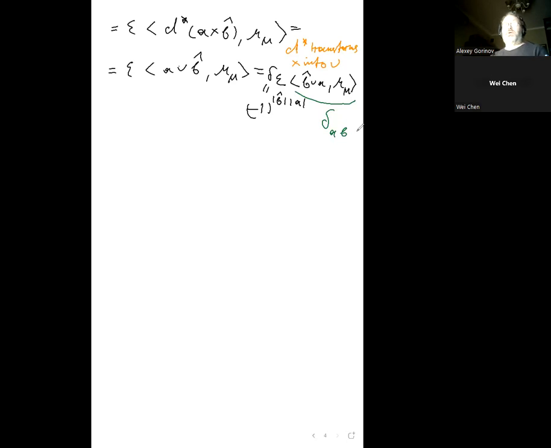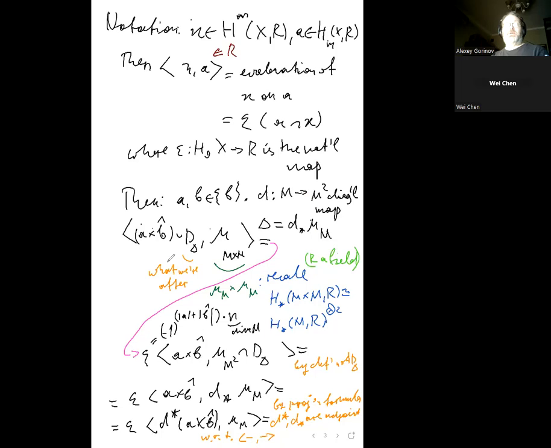So what has just happened? We multiplied the class we're after by an arbitrary element of the basis, and then we evaluated the result on mu, on the fundamental class.